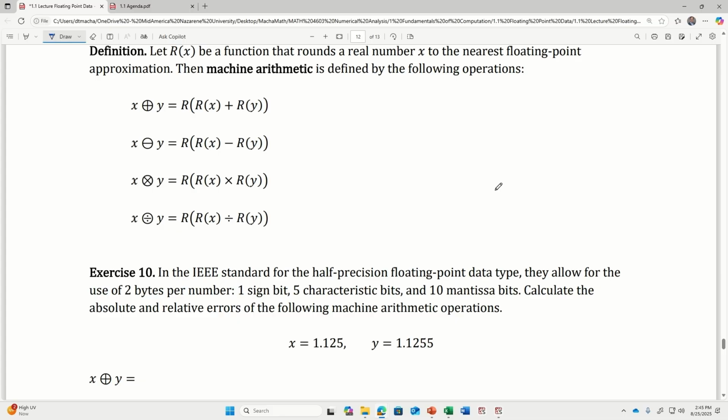Okay, exercise 10. In the IEEE standard for the half precision floating point data type, they allow for the use of 2 bytes per number, 1 sign bit, 5 characteristic bits, 10 mantissa bits. Calculate the absolute and relative errors of the following machine arithmetic operations. So we've got the numbers x and y, and they're pretty close to each other, but slightly different.